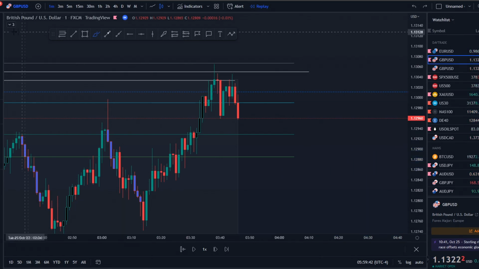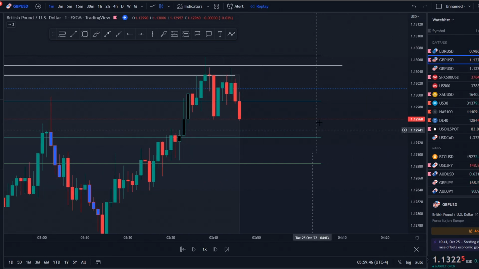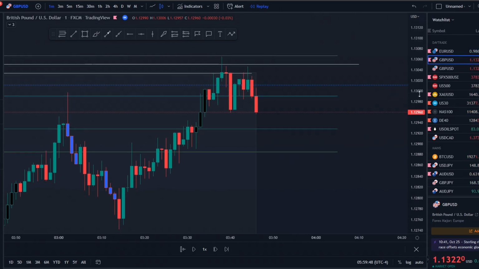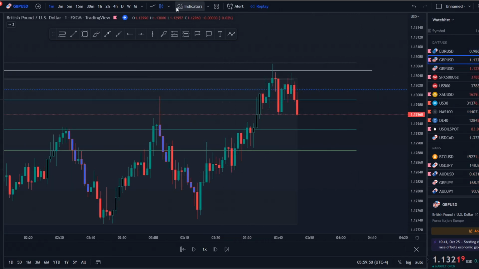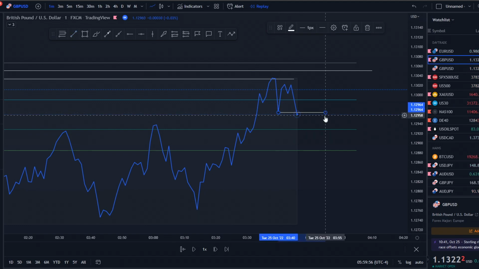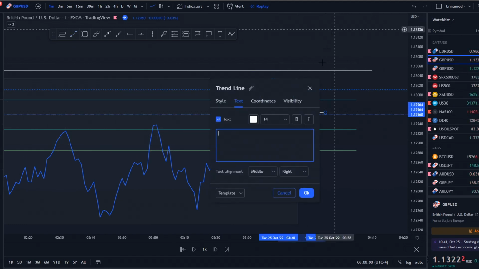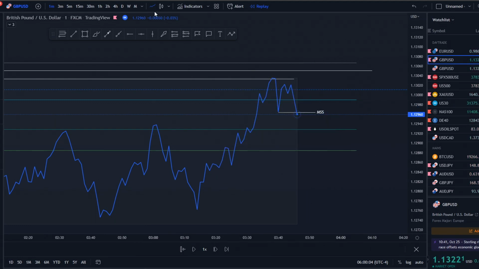Oh, sorry. This was my mistake right here. Now I thought, and I was anticipating that this one right here could be a valid structure break. That's what I thought. But it's actually not.